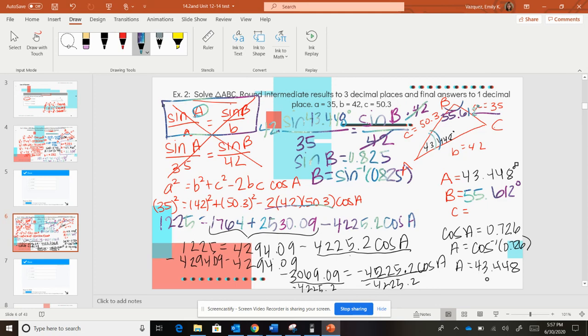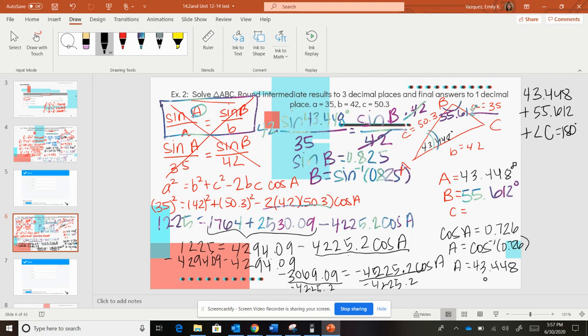Now again, to find angle C, try to think of your easiest things that you can use. I'm going to go ahead and write this one kind of over here on the side. What you're going to have here is I need the third angle inside that triangle. So I have 43.448 plus 55.612 plus angle C equals 180, right?